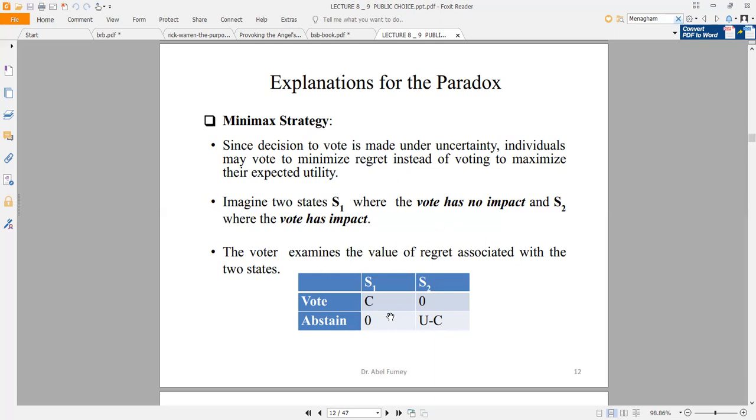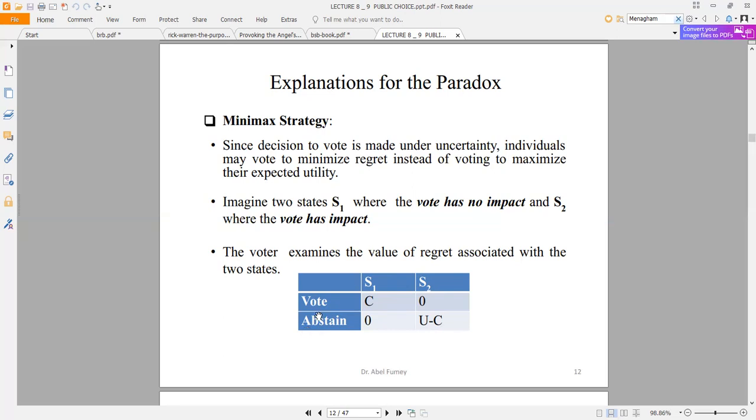Now, let's use this table to examine the value of regret associated with voting in both states. So we have state 1, state 2, then it's either you vote or you abstain from voting. If you take state 1, the outcome of this voting is independent of the voter's strategy. Whether you vote or you don't vote, your vote won't make any impact on the outcome.